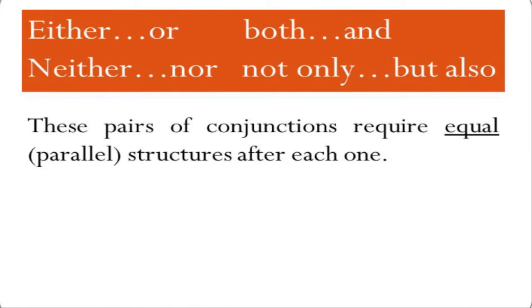And also, if you notice, they are in pairs, either or, neither nor, both and, not only but also. Means that they have to have equal value, and also they must be in parallel. It means that you cannot have either nor, neither or. That is already considered incorrect.